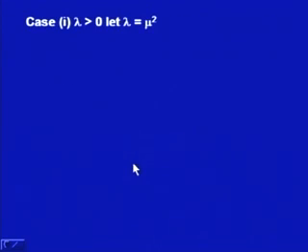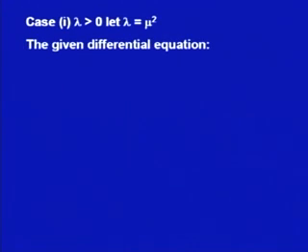Let us take the first case. Case 1, lambda positive. Suppose lambda is mu square. Then the given differential equation y double dash plus lambda y is equal to 0 will become y double dash plus mu square y is equal to 0. Now, what will be its characteristic equation?